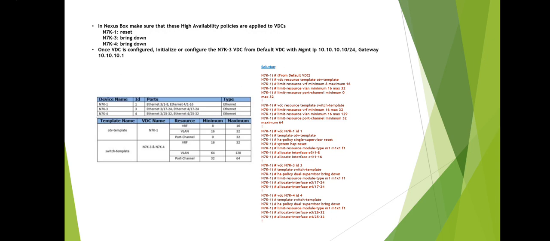From default VDC, you have to issue the command vdc resource template OTV template. You have to limit the resources: how many VRFs you can configure, minimum, maximum, VLANs, port channel. Then you've got the switch template, with VRFs, VLANs, port channel.